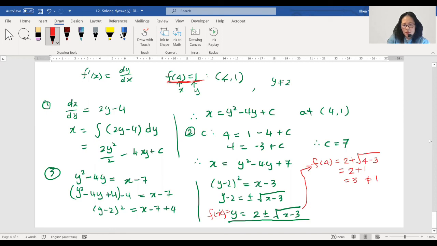If it was minus, root of 4 minus 3 equals 2 minus 1 is 1. So it works. So because of the special condition we had at the beginning, I'm just going to write here, our final answer is only 2 minus root x minus 3. That's the only one that satisfies the condition given at the beginning.